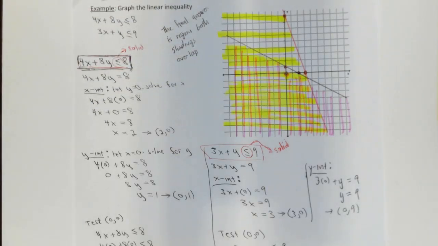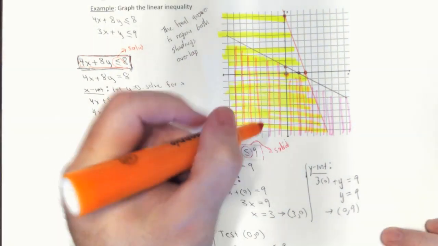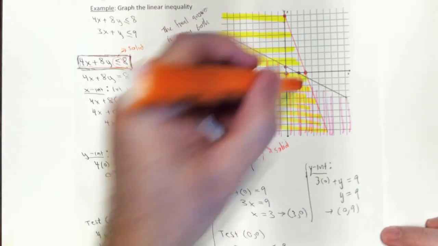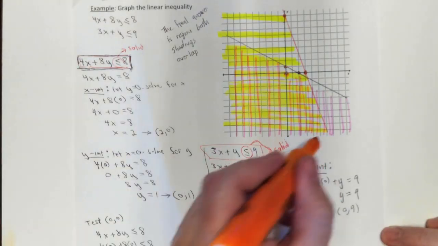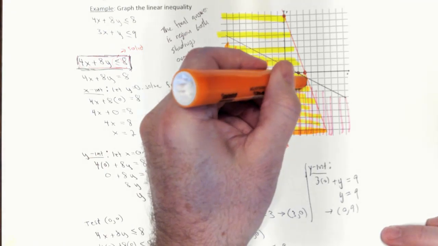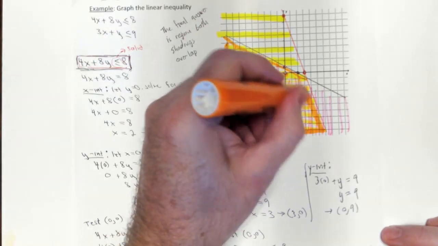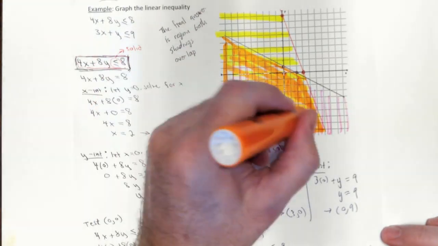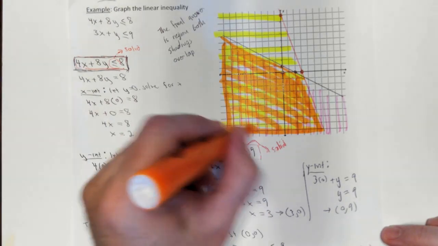Okay. And to kind of illustrate it, I'm just going to kind of color this in, I believe. Okay, it kind of makes like this little maybe trapezoidal shape. So I'm coloring it in darker to illustrate what the final answer is.